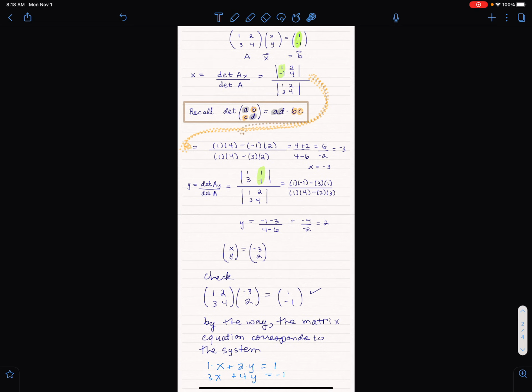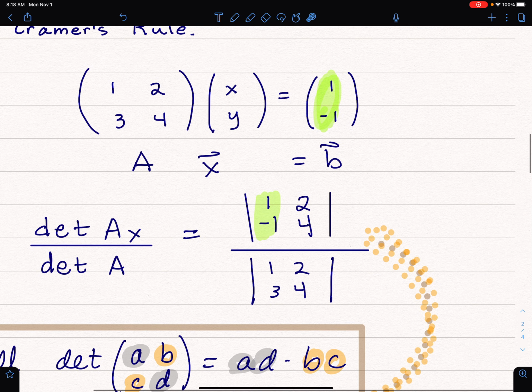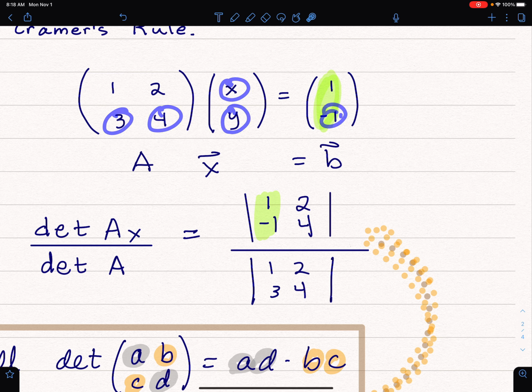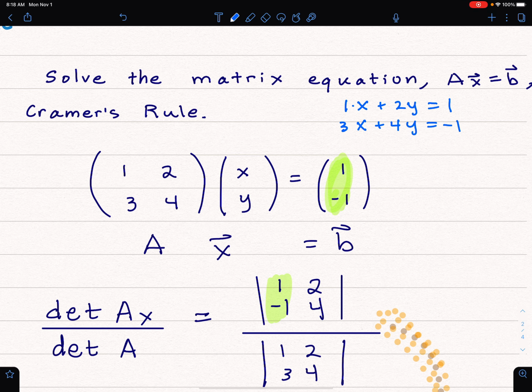It's so small. I should have done this above here. So it's 3 times x plus 4 times y equals negative 1. That was too small, so maybe I'll put it over here. This is 1 times x plus 2 times y equals 1, and 3 times x plus 4 times y equals negative 1.